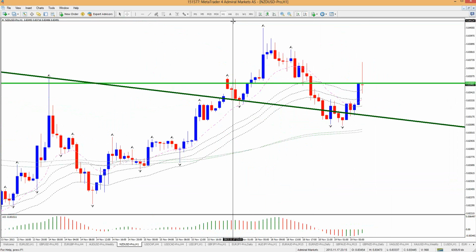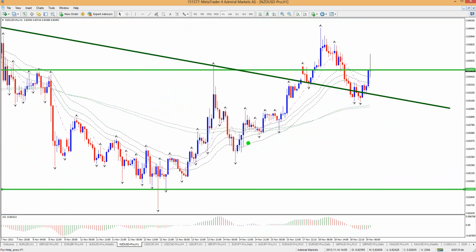Why am I so careful? As I said, reversals are very difficult to catch, and it's a lot easier to trade with the momentum. And this momentum is up for the moment, even though we've had drops to the downside.